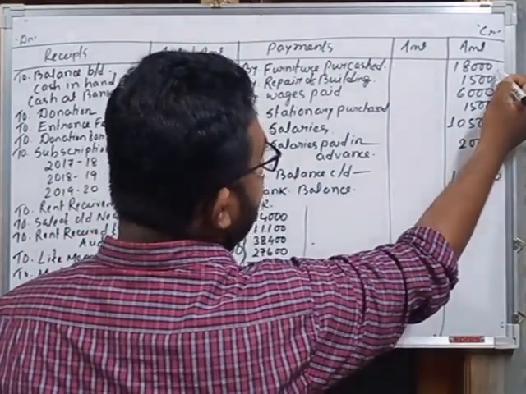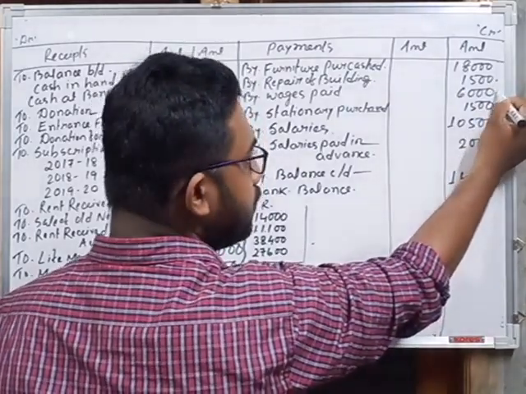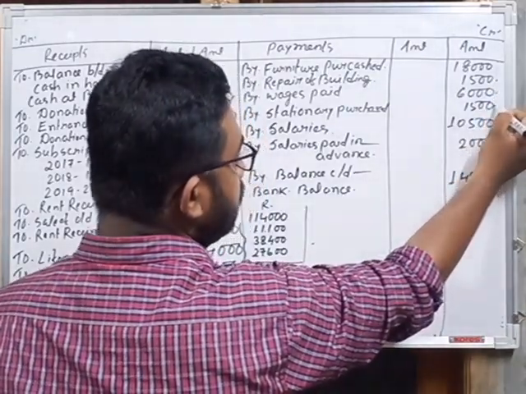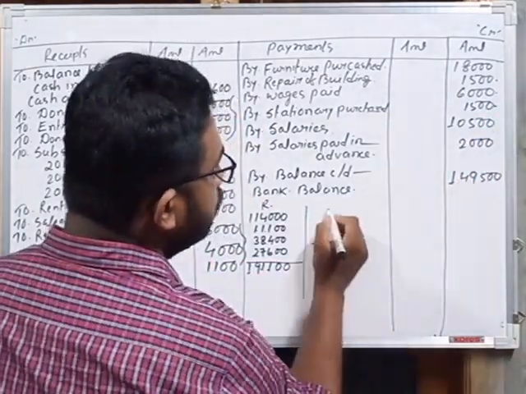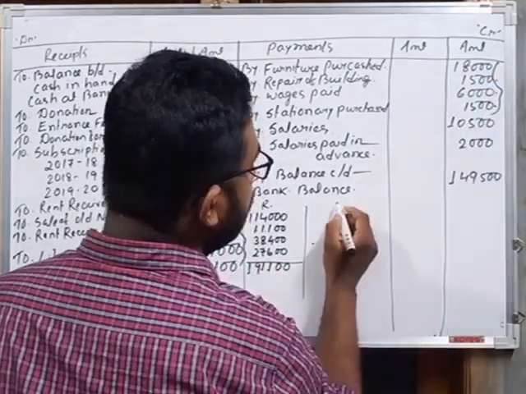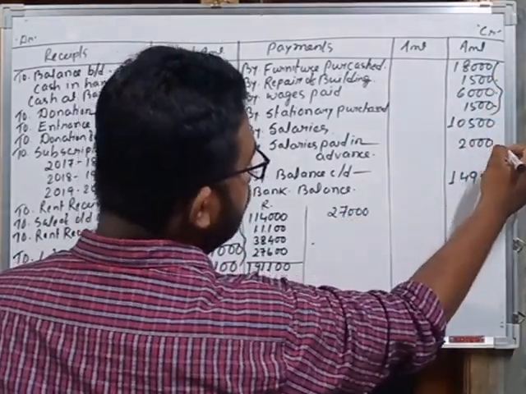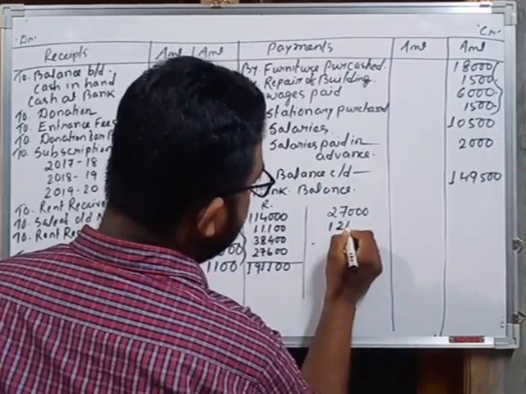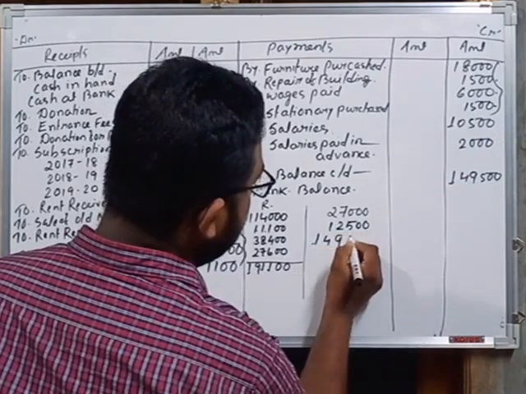18,500, 19,500. 19,500 plus 6,000, that is 25,500 plus 1,500, that is 27,000. Okay, so 27,000, the total of these four. Then 10,500, 12,500, and last one is the 1,49,500.